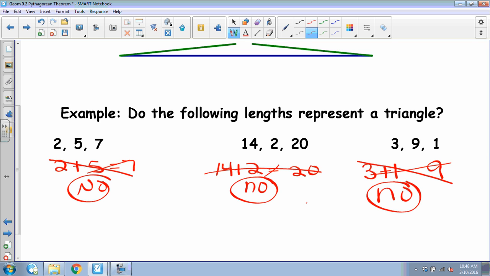Yeah, it is easy if you understand the concept. Sometimes it's hard for people to visualize why that's true. Any questions? So you just take the two smallest ones, add them up, and they have to be bigger than the third. Yes.